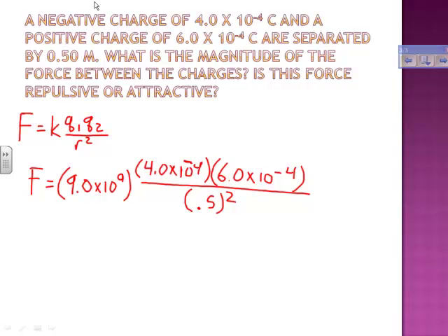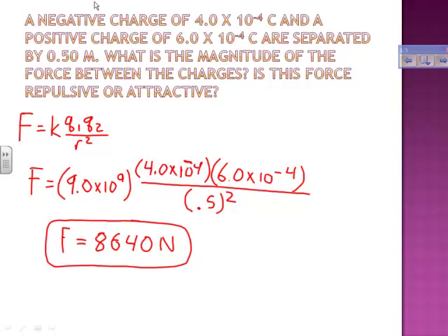Multiply 9 times 10 to the 9th by 4 times 10 to the negative 4th by 6 times 10 to the negative 4th. Divide that answer by 0.5 squared. That will give us our answer in this case. Relatively large answer of 8,640 newtons. And the question, is it attractive or repulsive? Since we have a positive and negative charge, it is attractive.